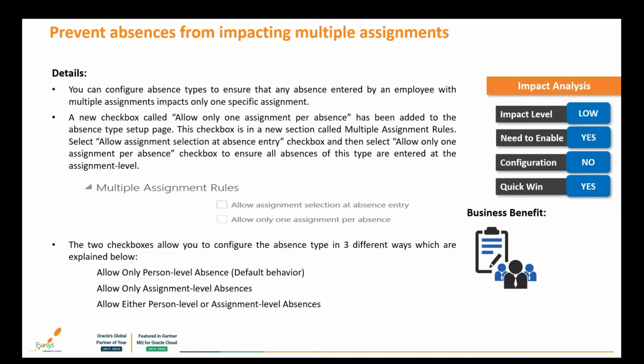The 21A upgrade introduces a new section called multiple assignment rules at the absence type configuration setup that basically provides two checkboxes. One is allow assignment selection at absence entry, and the other is allow only one assignment per absence. Both of these checkboxes ensure that the absence entered by an employee having multiple assignments impacts only one specific assignment.